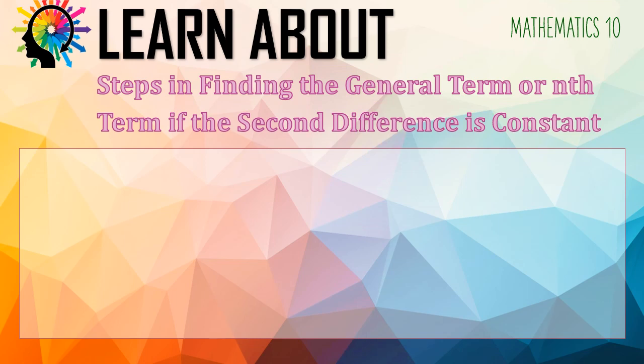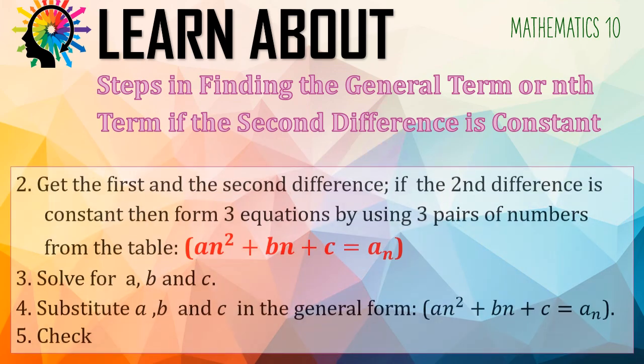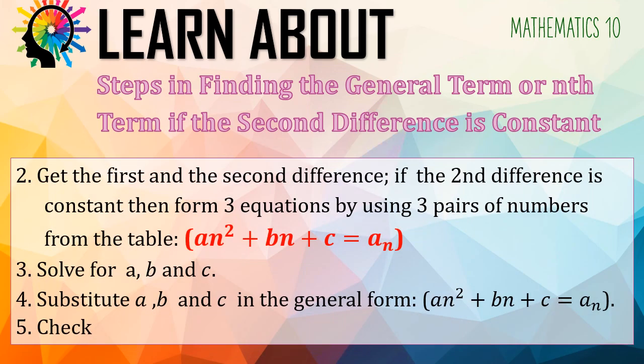So these are the steps to find the general term, or the nth term, if the second difference is constant. Same with what we did in our previous video, prepare a table with row headings n and a sub n. Next, get the first and the second difference. Take note, if the second difference is constant, then form 3 equations by using 3 pairs of numbers from the table.